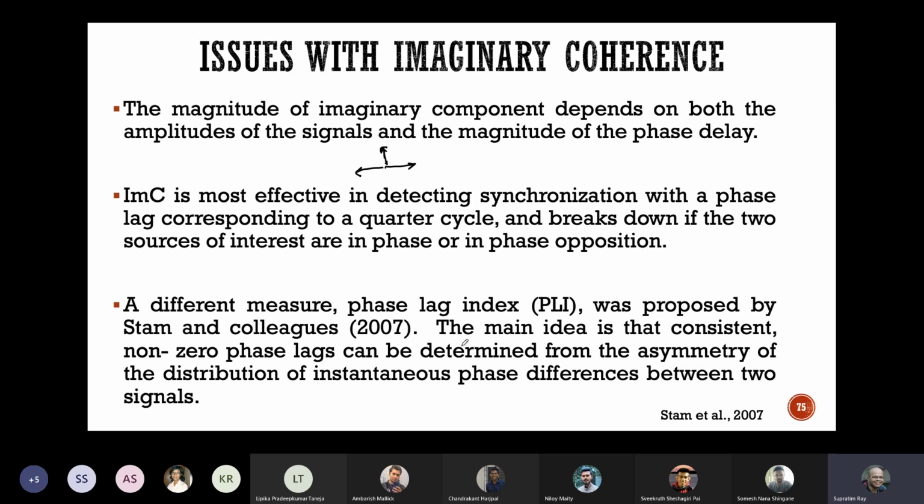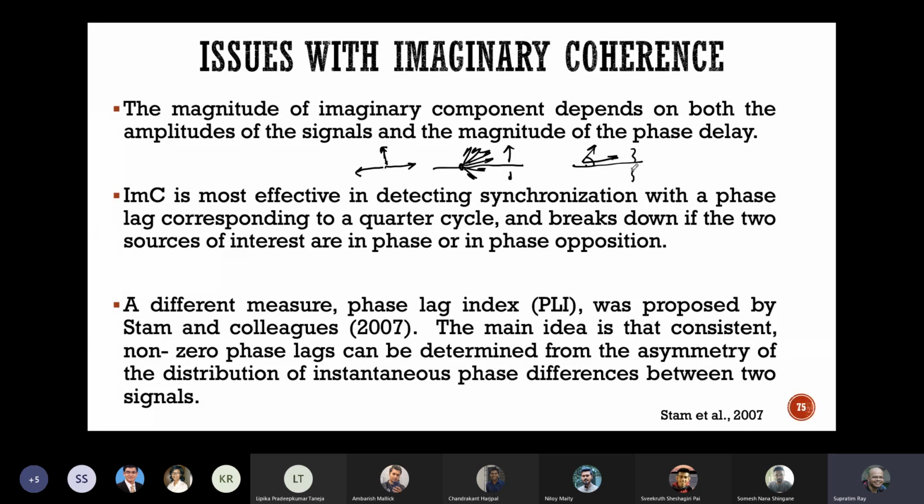You actually look at the asymmetry in the distribution of instantaneous phase difference between two signals, which means I'm going to look at these different vectors for each trial, and I'm going to simply ask how many are positive and how many are negative. I really don't care if they are all like this versus all like that. Okay, so this magnitude of the angle is made irrelevant. I'm just going to check how many of them are positive and how many of them are negative.